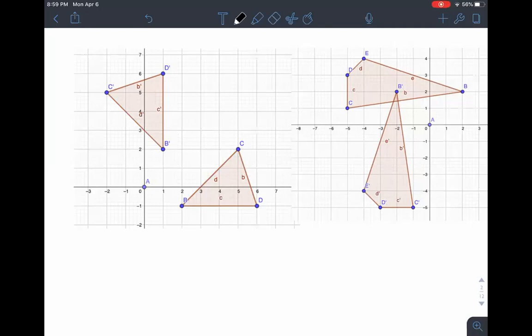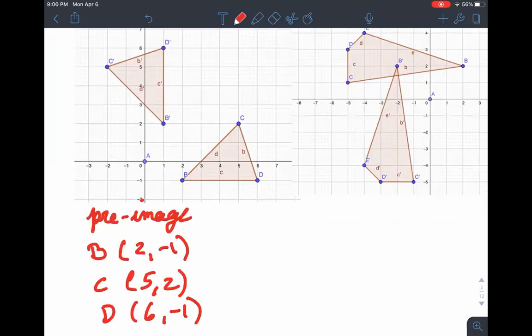I want to really look deep into this and see if we can notice any connections between the points of the original pre-image and what happens after we rotate it. First of all, take a look at the points of the pre-image, triangle BCD, and notice their coordinates. B is 2, -1, C is 5, 2, and D is 6, -1.